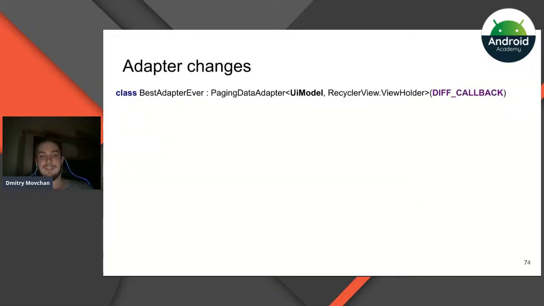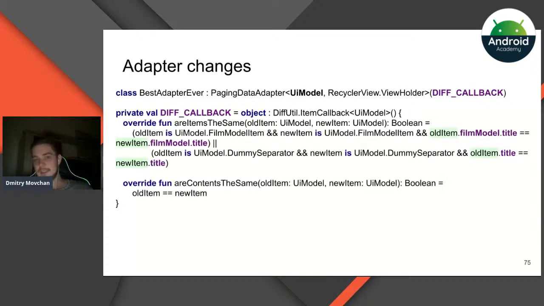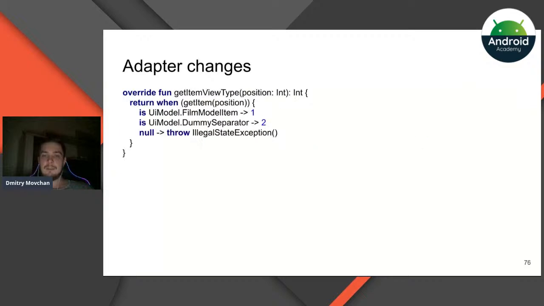So after that, we should change our adapter. Now we should pass not film model item inside the generic of the paging data adapter. We should pass UI model, and of course, it will force us to rewrite the diff callback. So this is the simple realization of diff callback here. Let's move on.